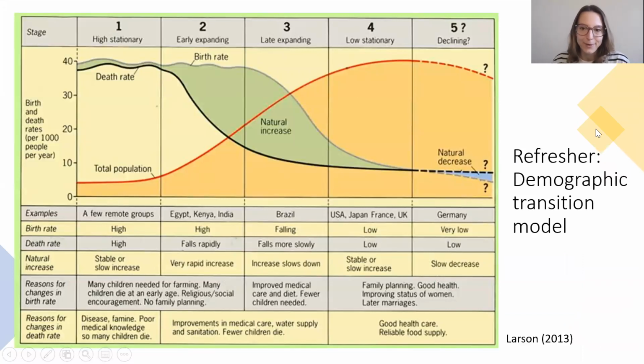Now, this brings us to the demographic transition model. If you thought that you didn't have to think about this model again for some time, you are mistaken. To refresh our memory, the demographic transition model showed us how populations have gone through different transitions over time, and this is partially influenced by things like outbreaks of diseases.